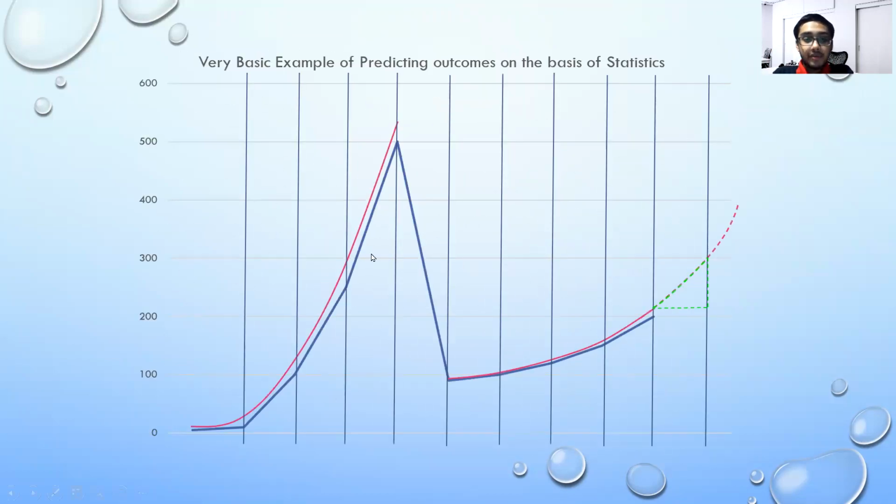Moving on, I have given a graph over here which will tell us how statistics uses graphs. As you can see in this region, I have given the production in tons of grains, and this is the number of years. There was some calamity which had struck at this point, and the production reduced tremendously, from 500 tons to approximately 100 tons.